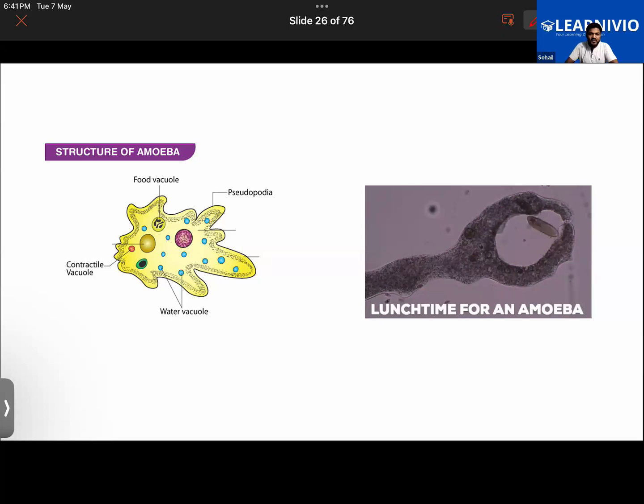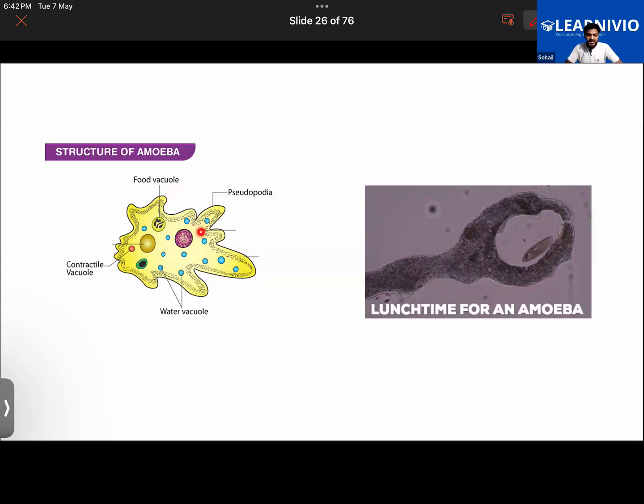In that you might have studied about nutrition in amoeba also. So let's see. Say this prey has been trapped by the amoeba. How was it trapped? By the false legs, very good. You can see the false legs have folded around it, so it is being trapped by the pseudopodia.